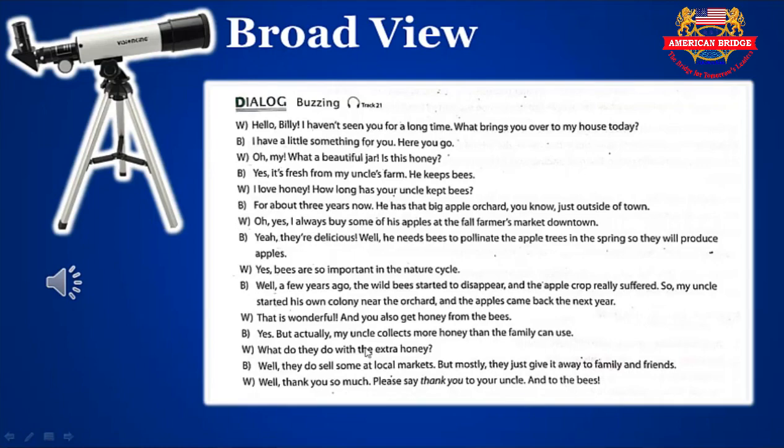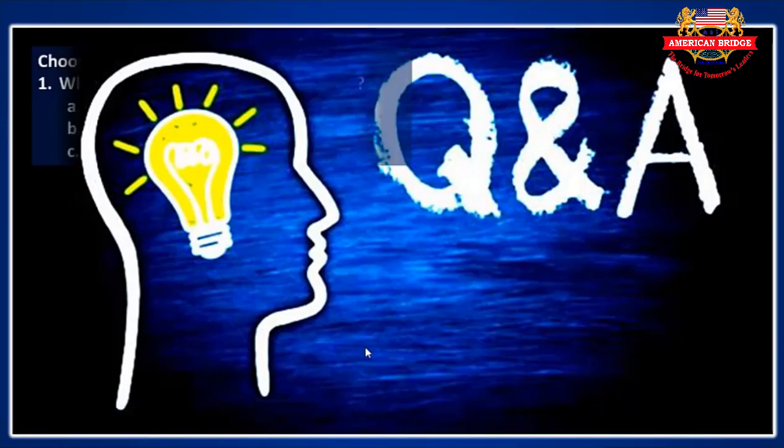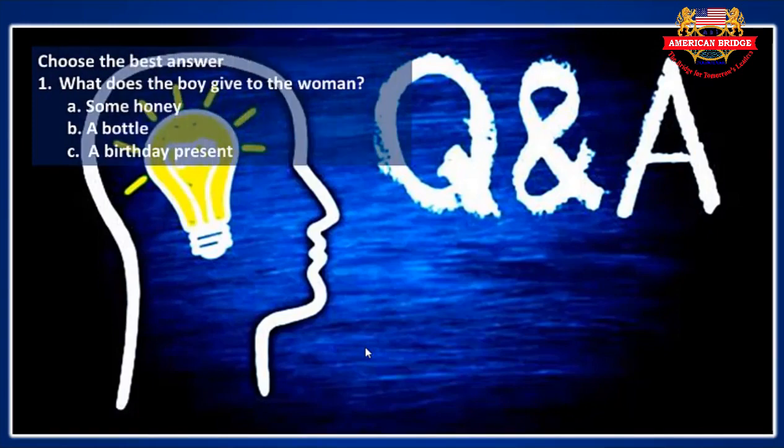Okay, so this is the whole conversation of track 21 on page 34. Now you have to work on these questions. The first question is, what does the boy give to the woman? A, some honey, B, a bottle, C, a birthday present.